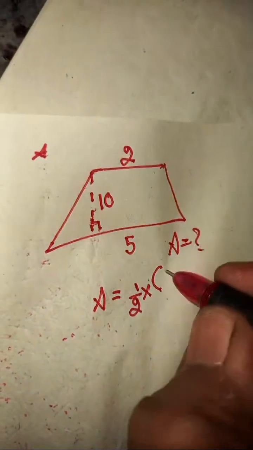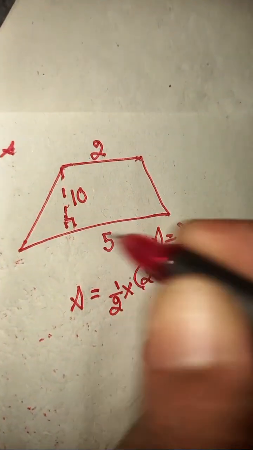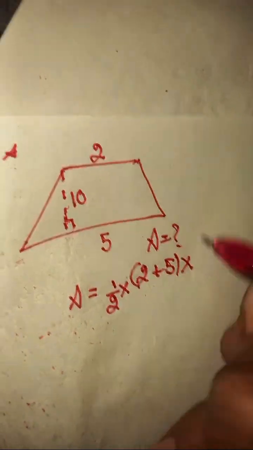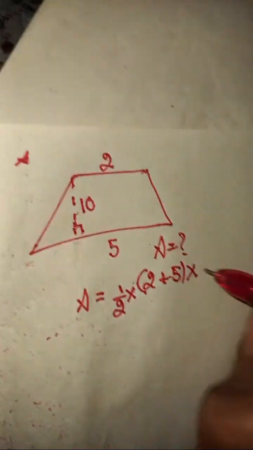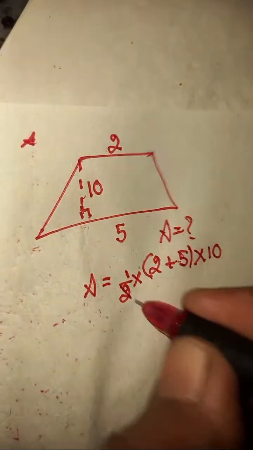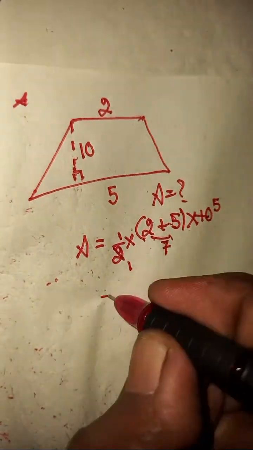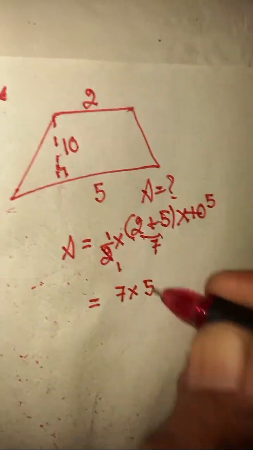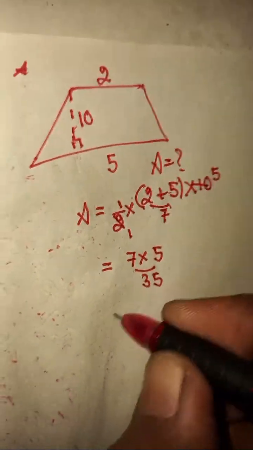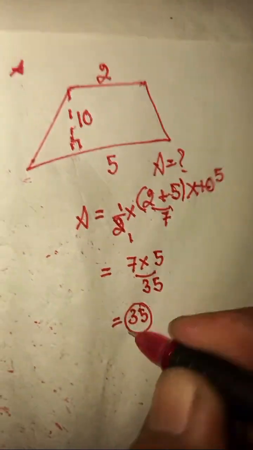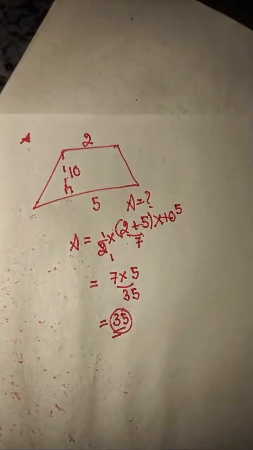This is one parallel side, 2 units, this is another parallel side, 5 units, times this perpendicular height, which is 10 units. You're going to get 2 1 times, 2 5 times. 2 plus 5 is 7, so it is 7 times 5. 7 times 5 is 35. 35 square units is the area of this trapezium.